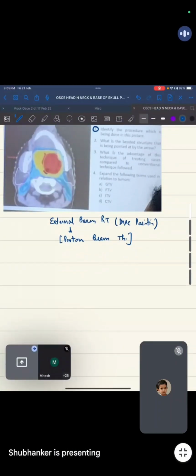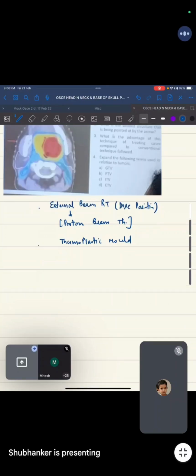Now the second thing: what is the beaded structure being pointed at by the arrow? This is basically a mold, and to be specific, a thermoplastic mold. Coming to the third thing: what is the advantage of this technique compared to the conventional technique?